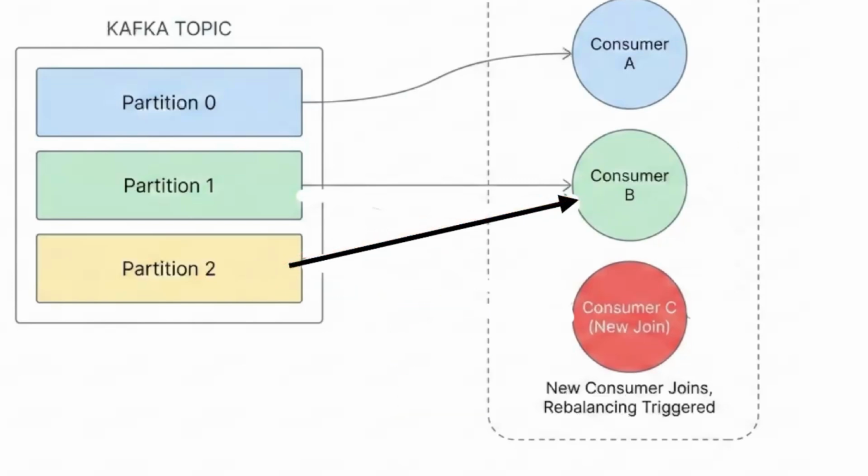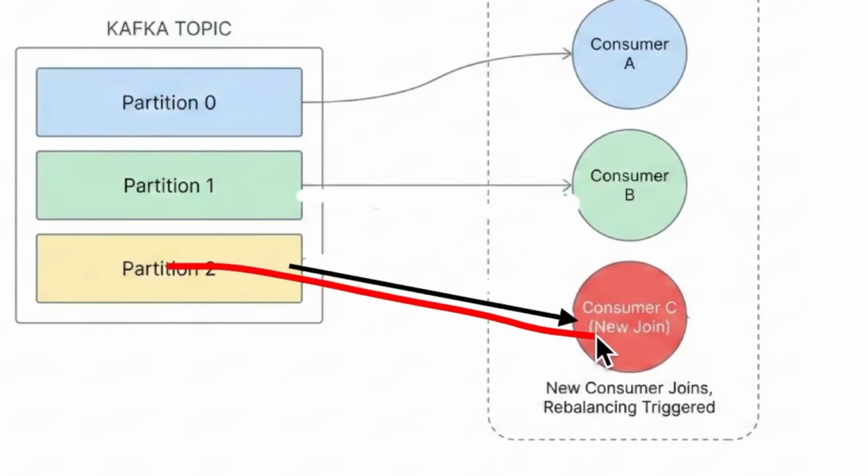Now after a certain time, a consumer joins this group. That means a new consumer is created and it is attached to the same group ID. What will happen? So Kafka will issue another rebalance. So this partition will be assigned to the new consumer.